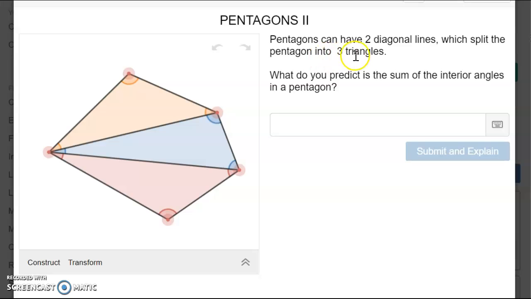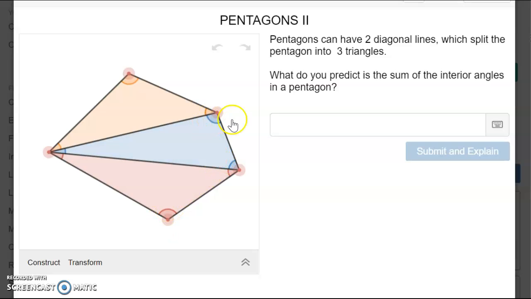The pentagon can have two diagonal lines which split the pentagon into three triangles. What do you predict is the sum of the interior angles in a pentagon? Well, I know this is 180, another 180, and another 180. All the angles together form the interior angles of that pentagon.